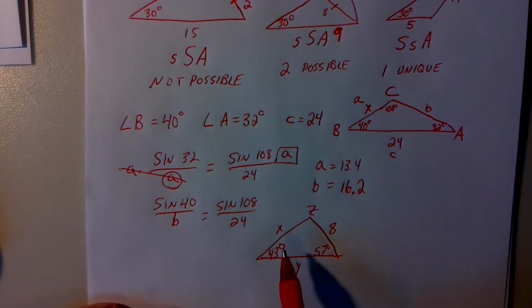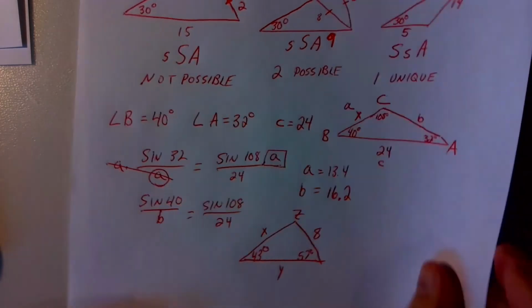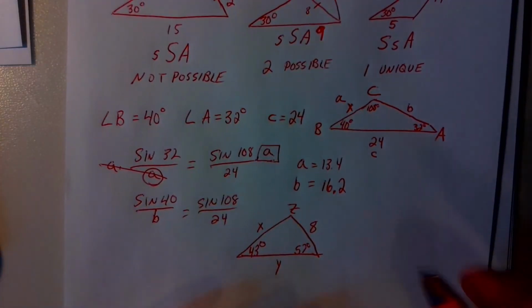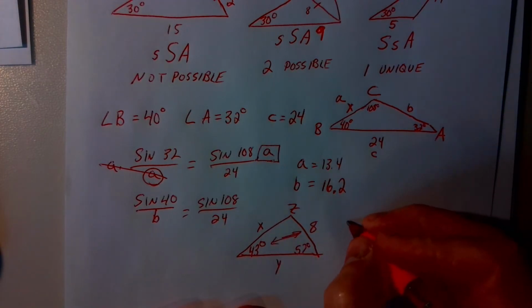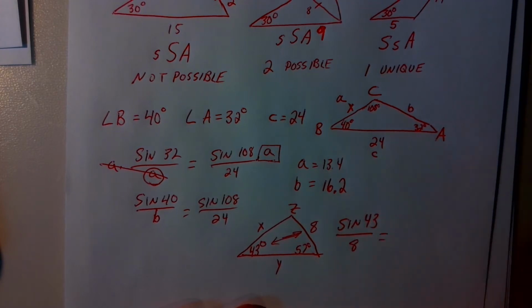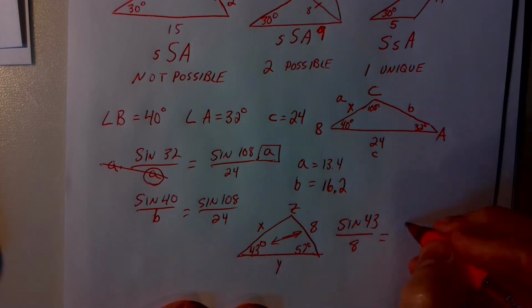In terms of the information that was given, I'm given an angle and then a side that's following it. An angle and a side, according to us, says we can use the law of sines. They always have to match up for one of them, so I have to use 43 with the 8. So I'm going to do sine 43 over 8 equals, and I've got to know this one first, sine 57 over x.